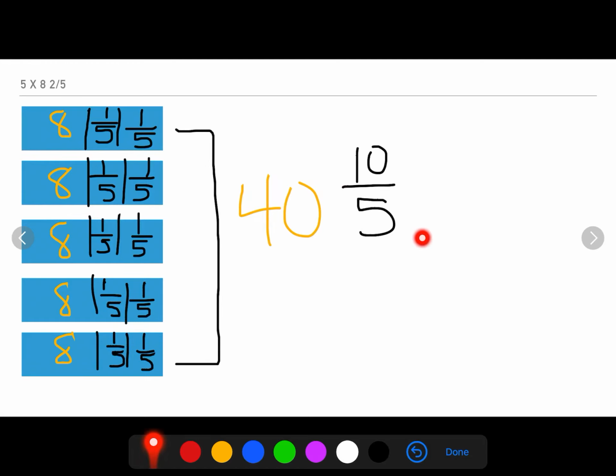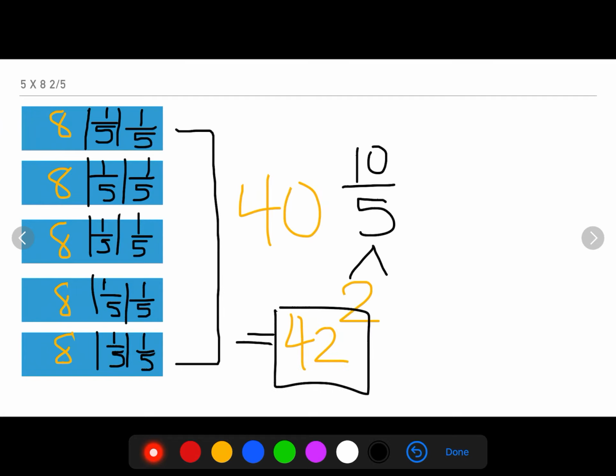I'm going to ask myself, how many wholes can I pull out of 10/5? No way. I got the same answer. I can only pull out 2 wholes. So I know, you guys, that 40 and 10/5 is the same thing as just saying 40 plus 2. So the product of 5 and 8 2/5 is 42.